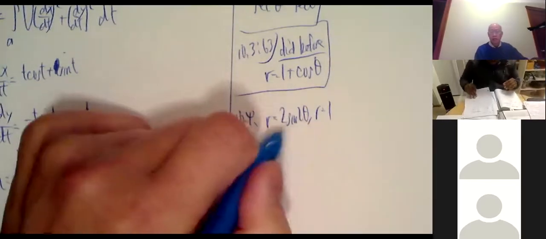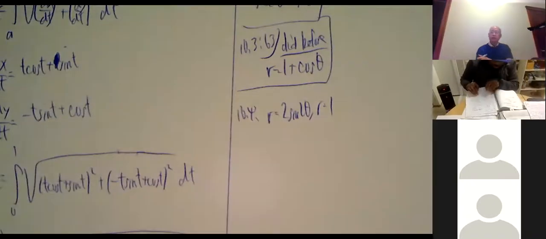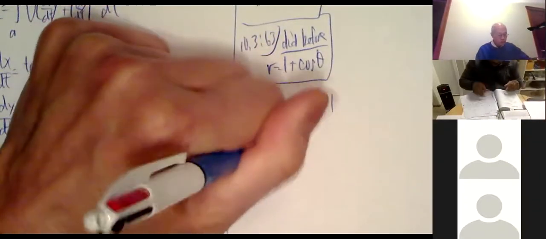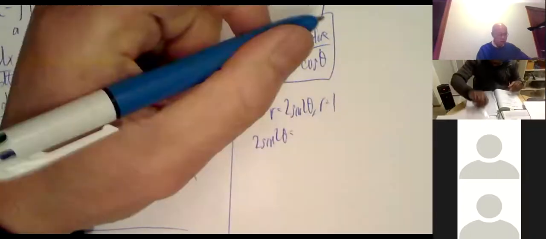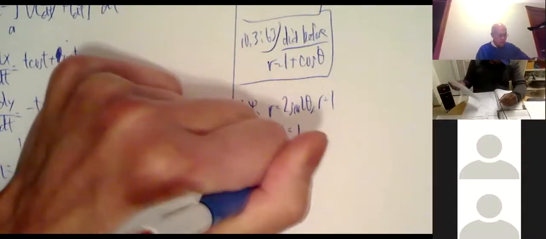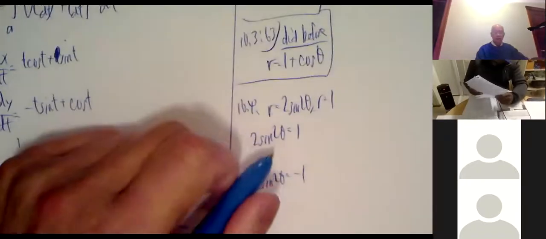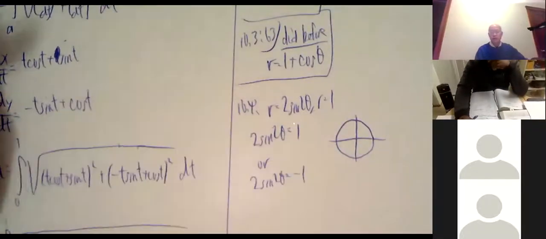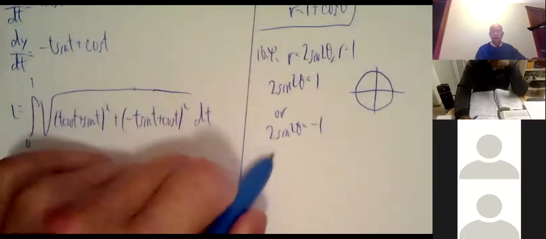Ordinarily we'd have to check the pole, but in this particular case, you don't have to worry about that, because this can never touch the pole. So I just set them equal. 2 sine 2 theta equals 1. And this gets a little tricky: 2 sine 2 theta equals negative 1. If I take r equals 1, it looks like that, but r equals negative 1 also looks like that, so I have to do both of these.